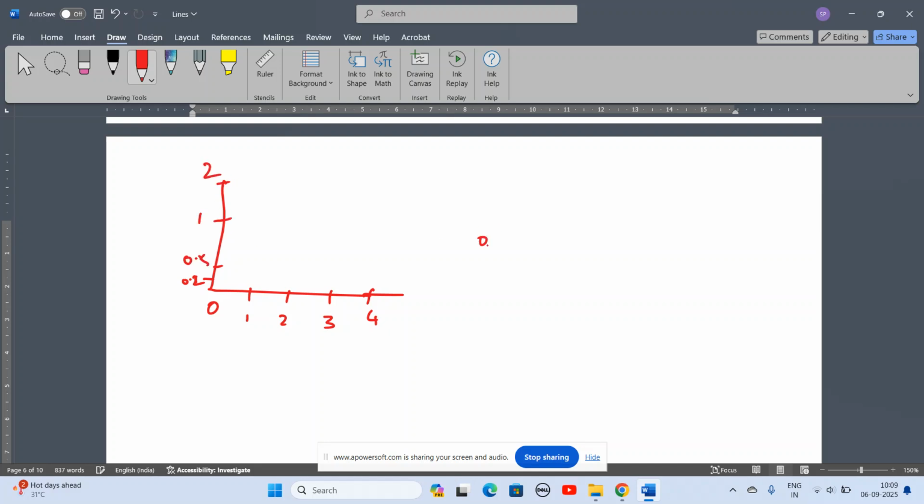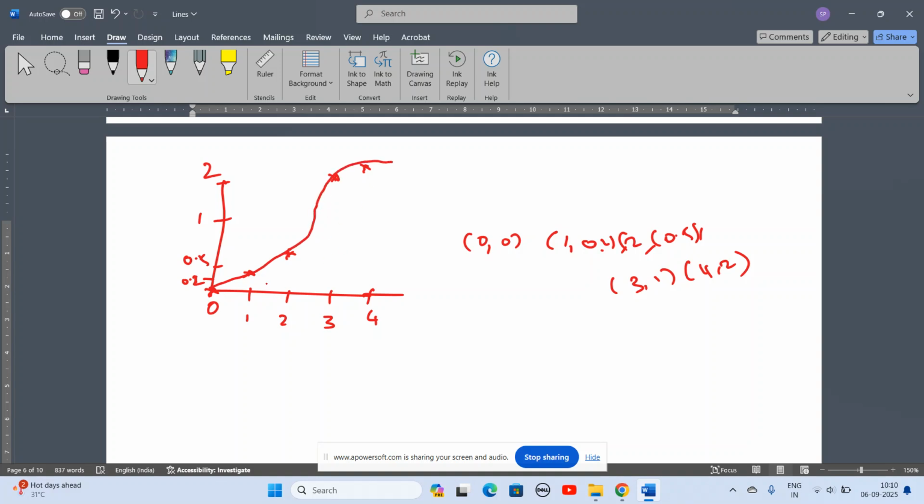I'm going to have 5 edge points: 0 comma 0, 1 comma 0.2, 2 comma 0.5, 3 comma 2, and 4 comma 2. These are the edge points I'm going to consider. So I'm connecting them, so it produces an edge.